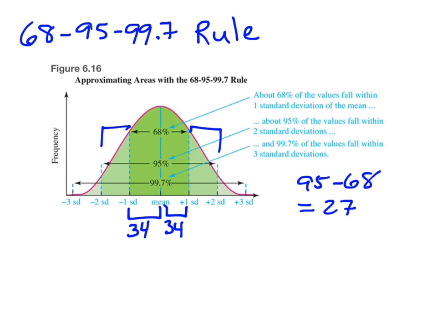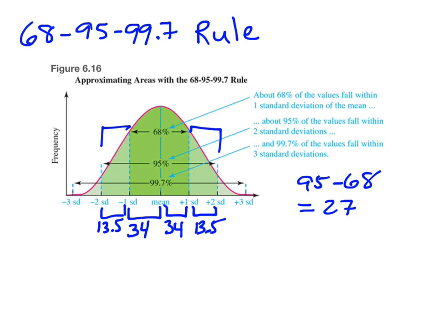Then we know 27% of the data values are in these 2 regions, and because this is symmetric, you can divide that in half, and we have 13.5% between 1 and 2 standard deviations above the mean, and 13.5% below.